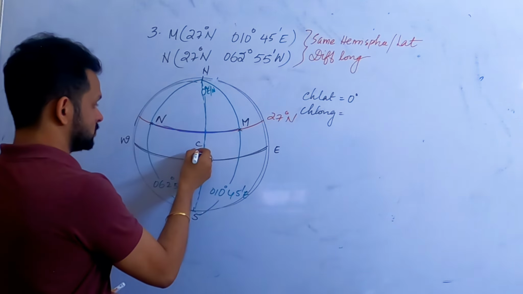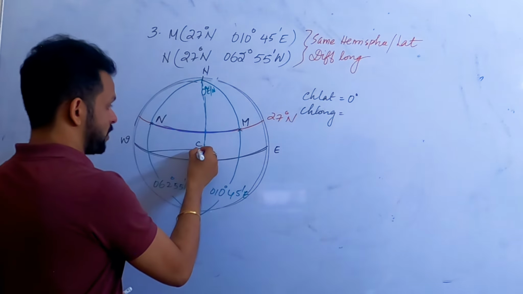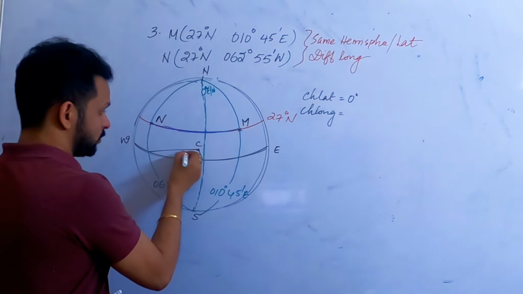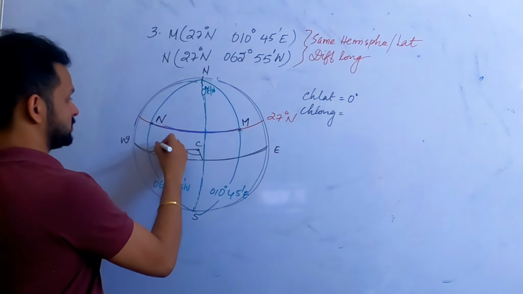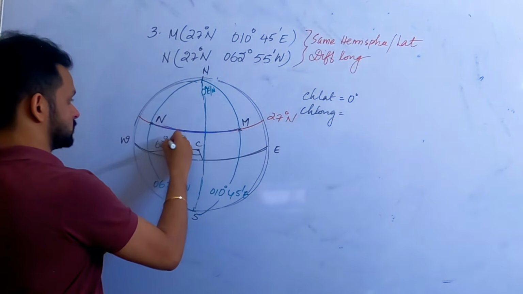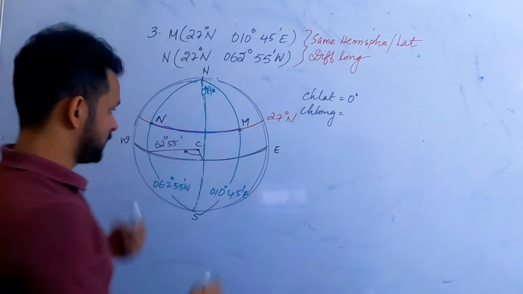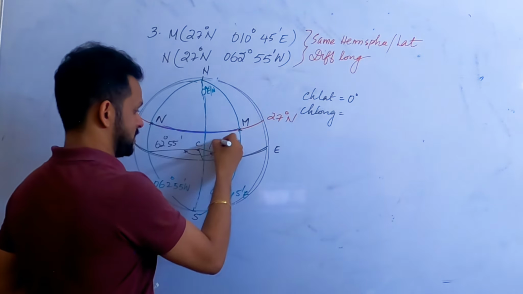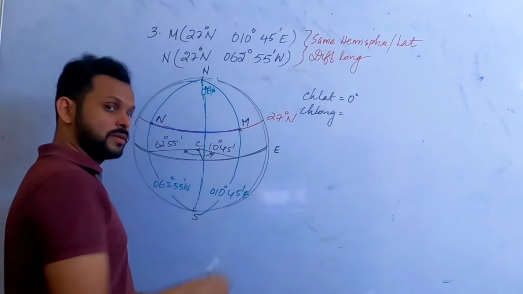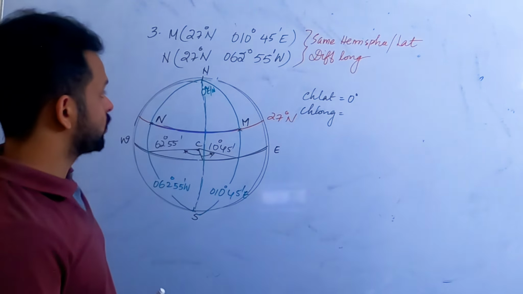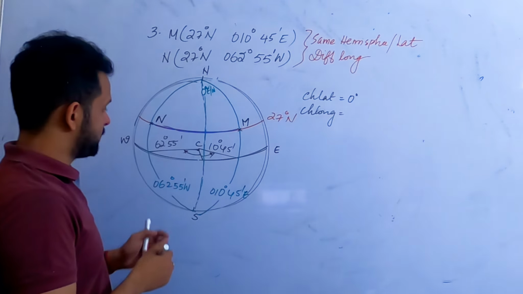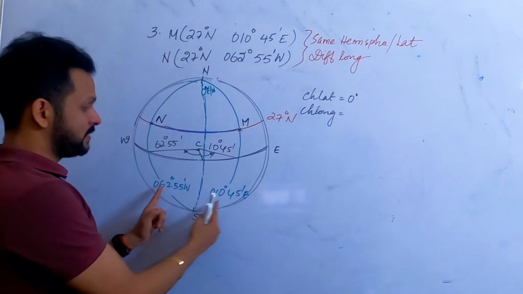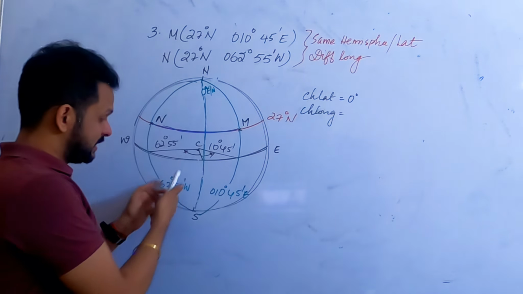From the center of the earth we join to the prime meridian, and this is 62 degrees 55 minutes west. Joined to this one, it is 10 degrees 45 minutes east. Therefore, we are looking at the change in longitude between these two meridians.